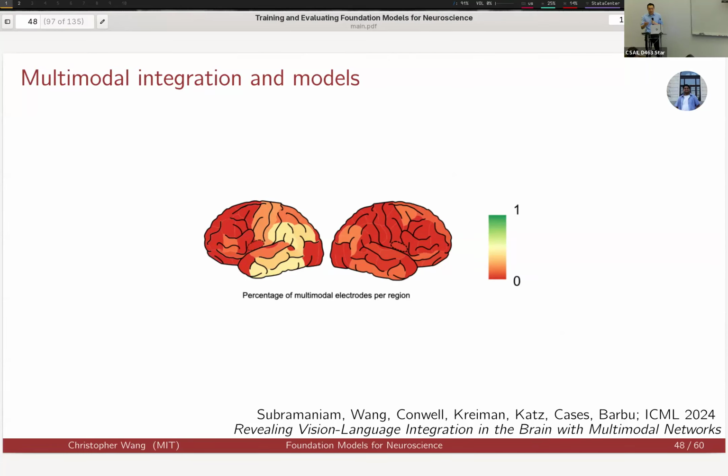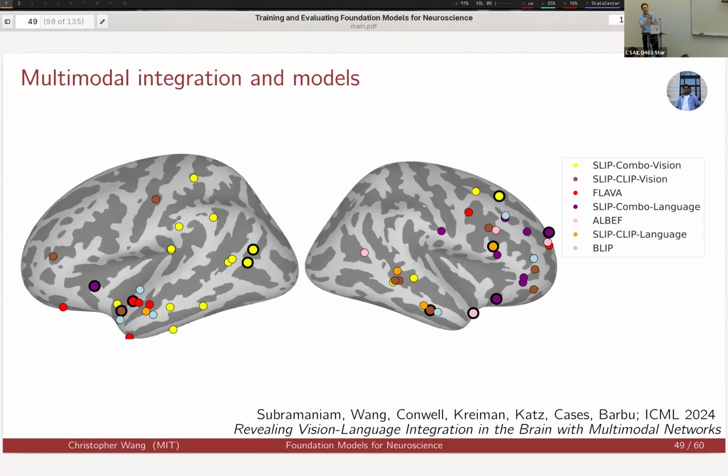We get candidate regions in temporal lobe and maybe closer to those visual regions where follow-up, I would say, is warranted on determining whether multimodal integration is happening. And then we can also rank models, which we love doing. For each multimodal candidate region that we identify, we can find the model that best aligns with activity at that region. And we get a ranking again, but now this isn't a ranking determined by how good decoding performance is. This is a ranking of how similar the brain is to that model.